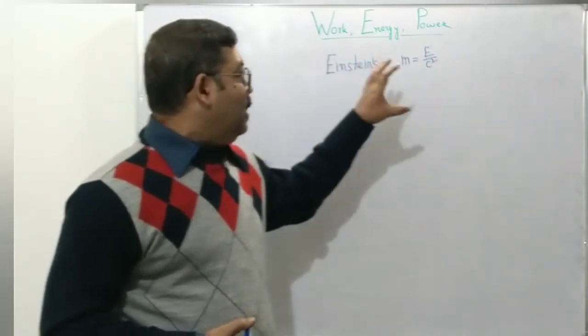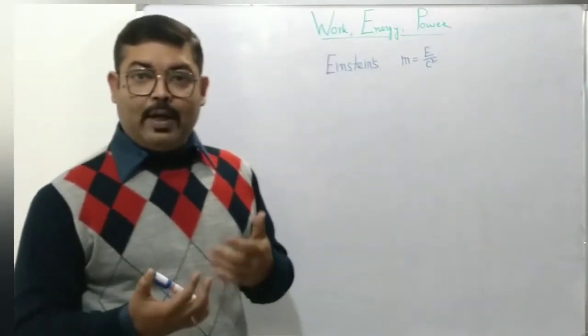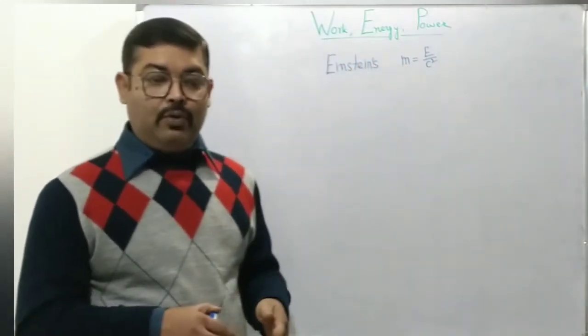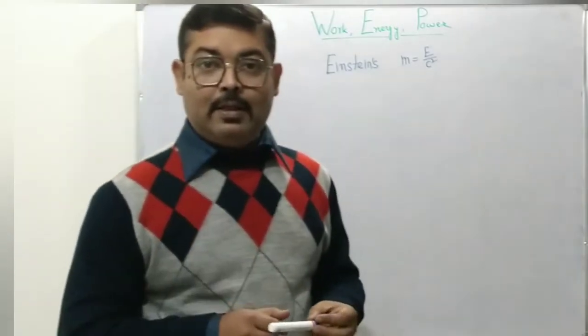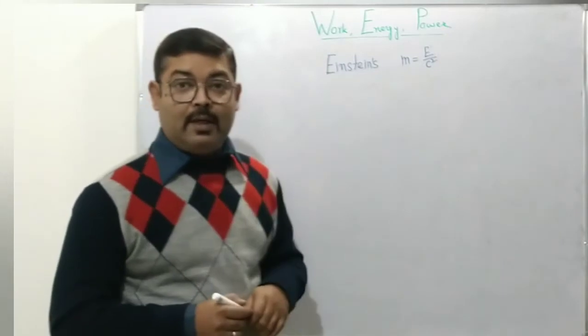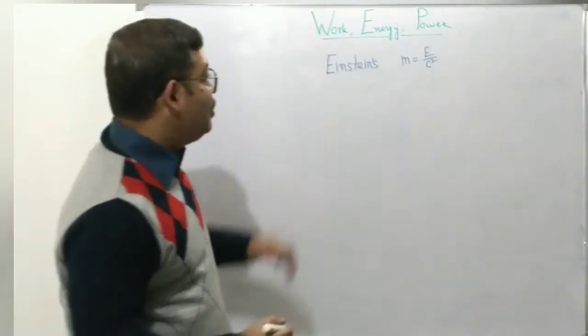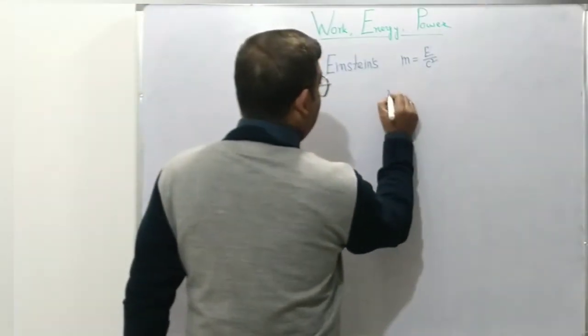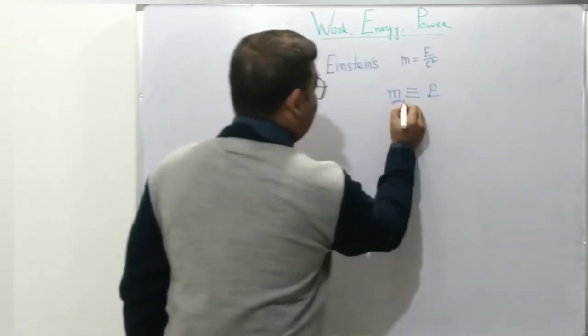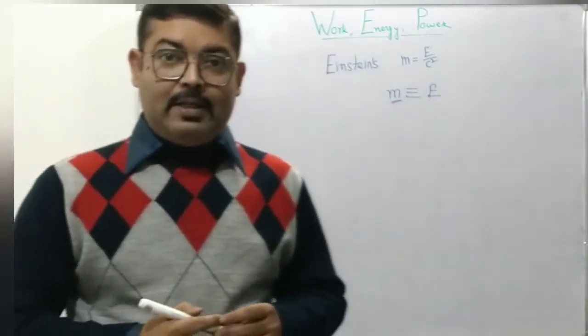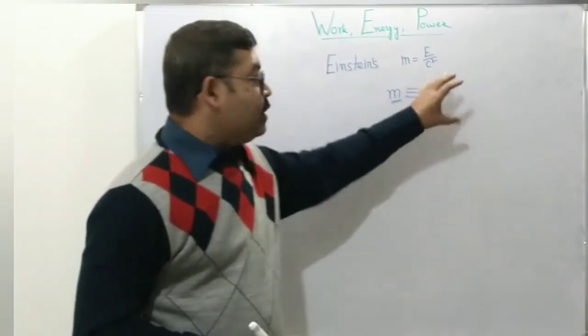And the mass can be converted into energy, and energy can be converted into mass. So mass and energy are not two different things. This is very, very important to understand. Mass and energy are equivalent. Mass is equivalent to energy. You can say mass that we measure is a measure of the energy contained in the body.